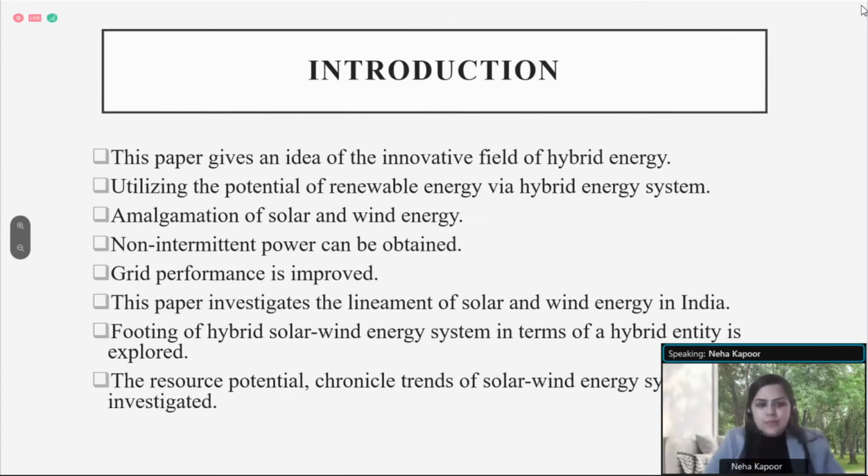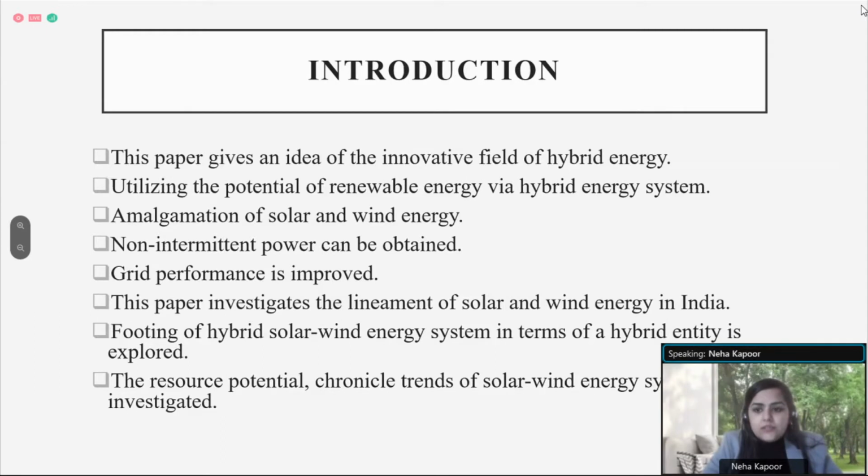Starting with the introduction, the paper basically gives us an idea of the innovative field of hybrid energy. So what is hybrid energy basically? When we talk of hybrid, we mean amalgamation of two or more sources of energy. So why are we amalgamating, why are we not just going with one source?